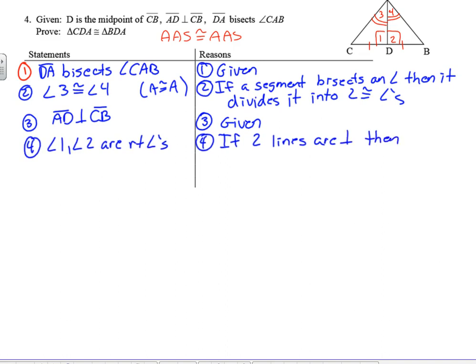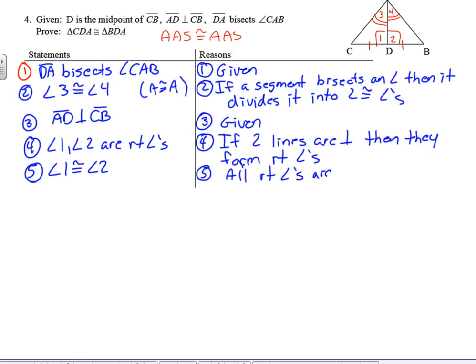And then we're going to say in step 5, angle 1 is congruent to angle 2, and the reason is all right angles are congruent. So we've got an angle congruent to an angle. How are we doing on our plan? We got two pairs of angles.